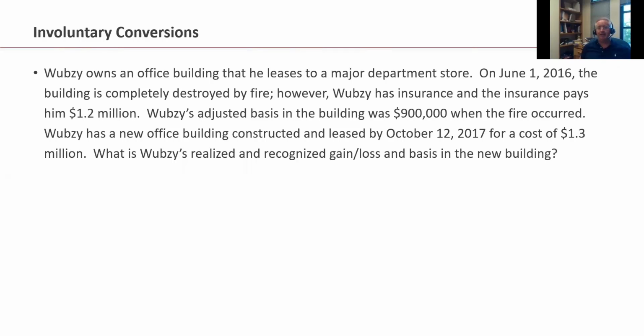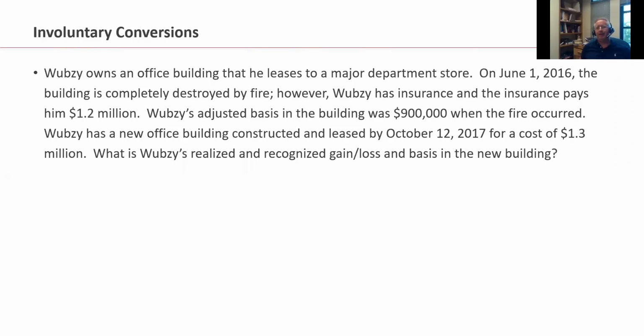What was his adjusted basis? $900,000. That's a $300,000 gain. Does he have cash in his pocket? Maybe he does, maybe he doesn't. If he does, he's going to Vegas, and he's got to pay tax. If he doesn't end up with any cash in his pocket, then we shouldn't make him pay any tax, because under the ability to pay, he doesn't have the ability to pay.